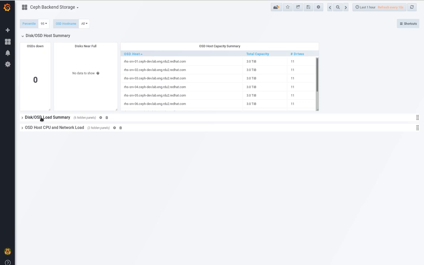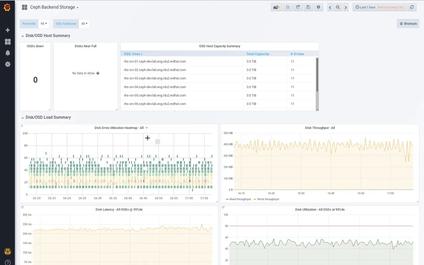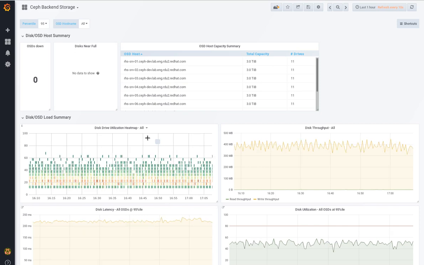Then if we look at OSD load, we can look at the drive utilization heat map. The thinking here is that this heat map allows us to understand how busy the environment is overall. When you see red blobs, it means there are more disks busy at that utilization level. The utilization is the y-axis here.